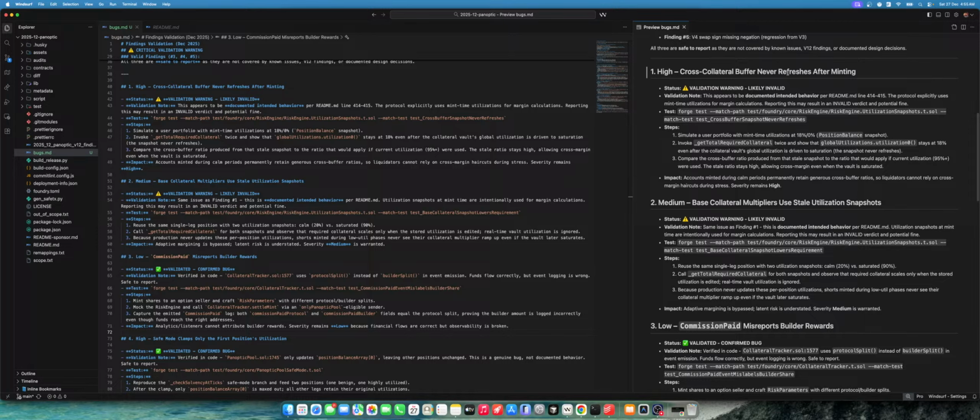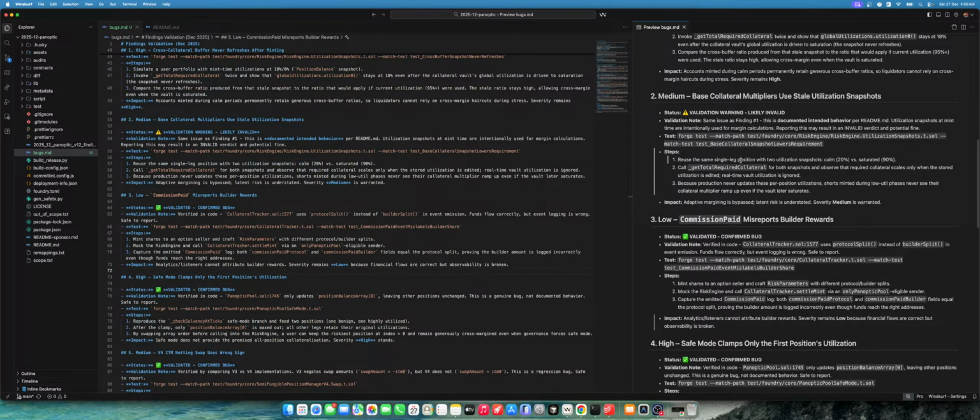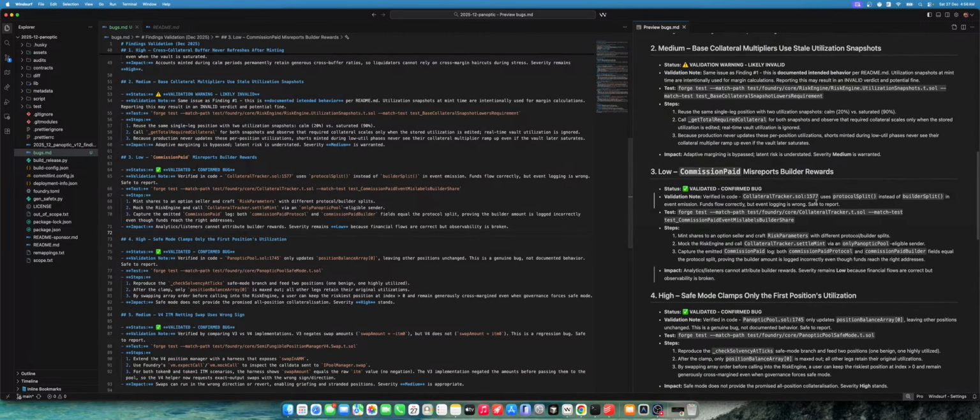Okay, the progress is min time utilization. I don't get it. Step 17. Let's read this. Verified in code. Commission paid, miss reports, builder rewards. I don't know what builders are. To be honest, I don't like these products because they overcomplicate certain things.